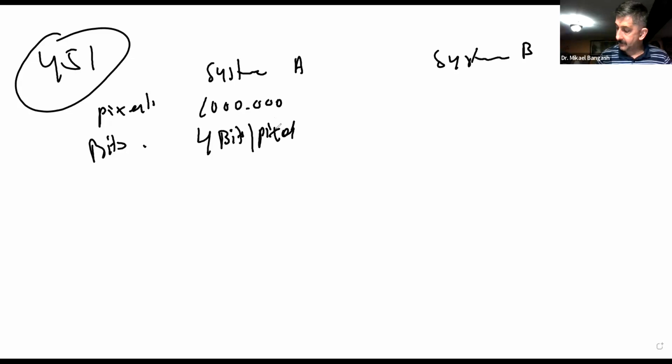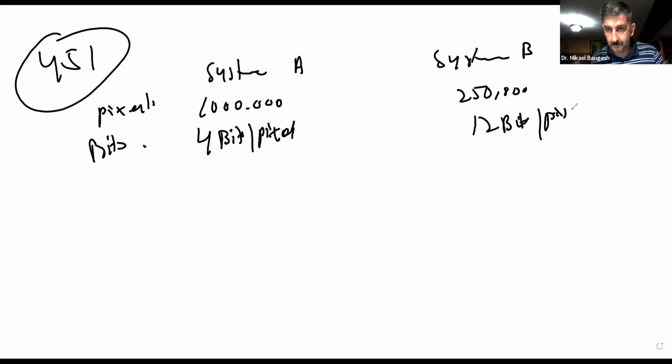Where system B has the same 250,000 pixels and 12 bits per pixel. Now this system is most likely going to display images with very subtle differences in the grayscale.